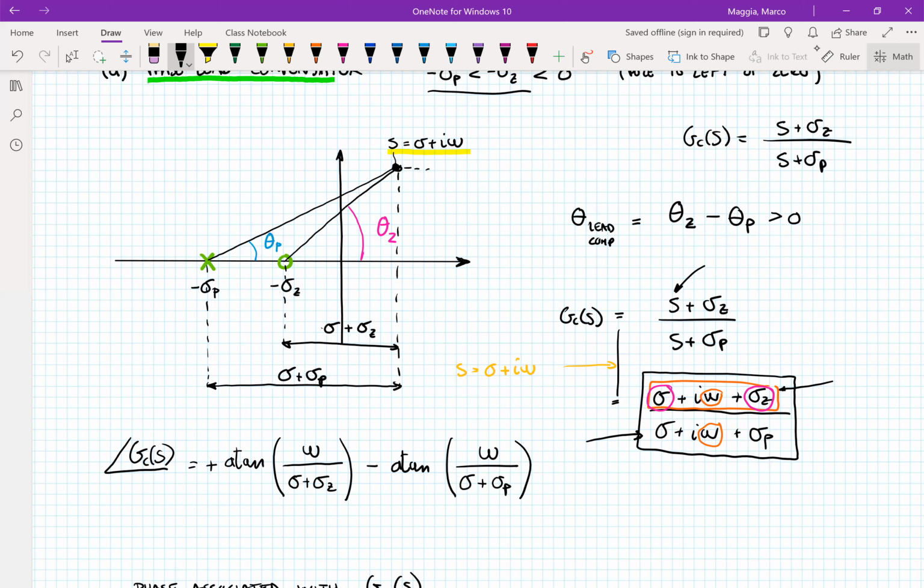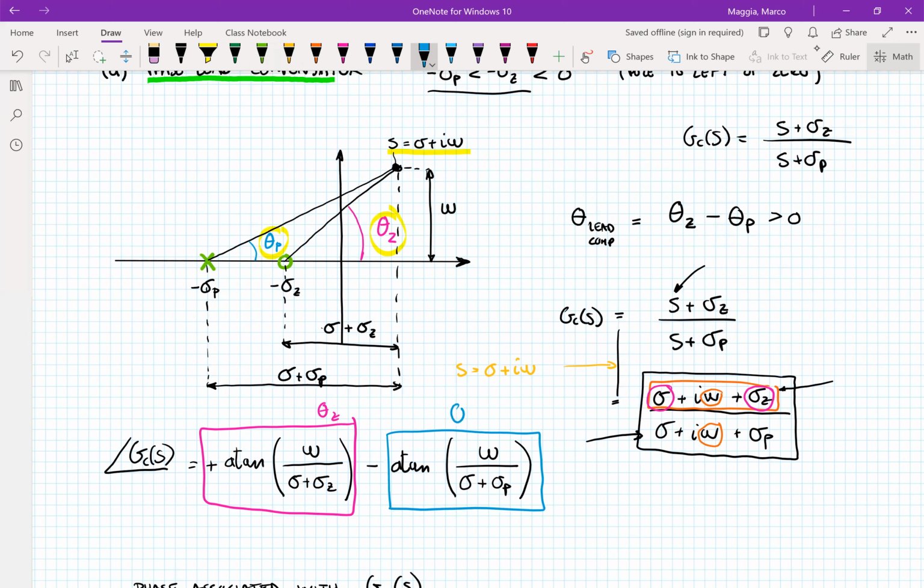For both the 0 and the pole, the y distance is equal to omega. So that's how you define theta z and theta p. In fact, theta z is arctangent of omega over sigma plus sigma z, and theta p is arctangent of omega divided by sigma plus sigma p.